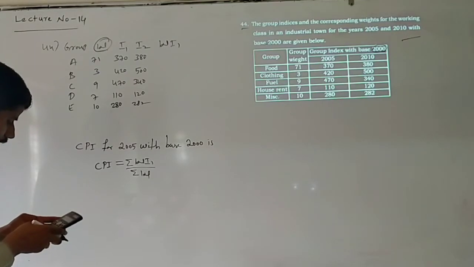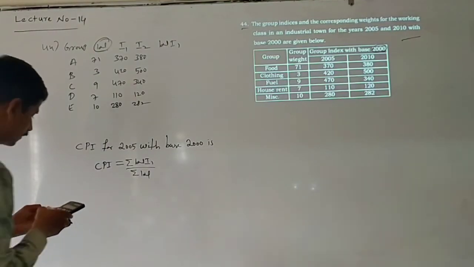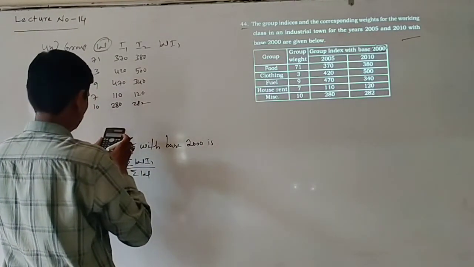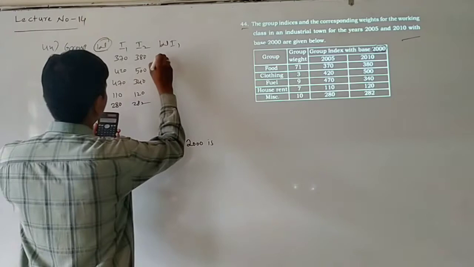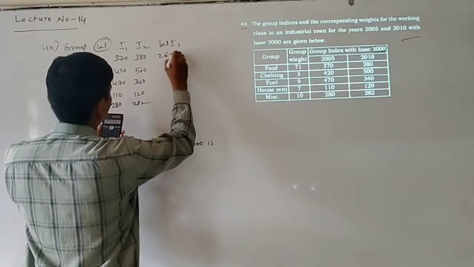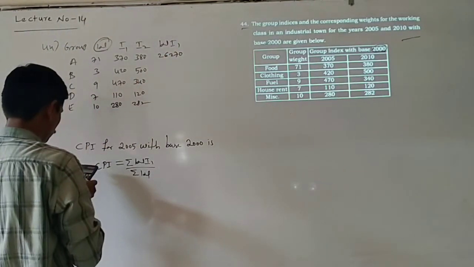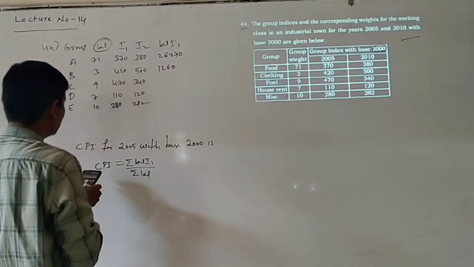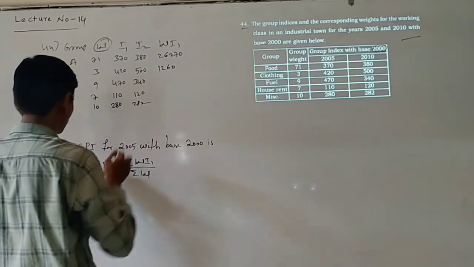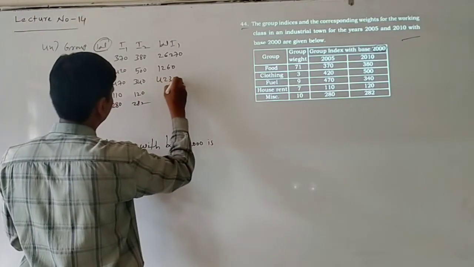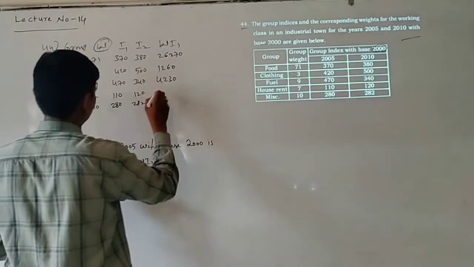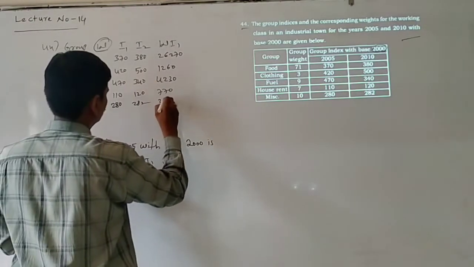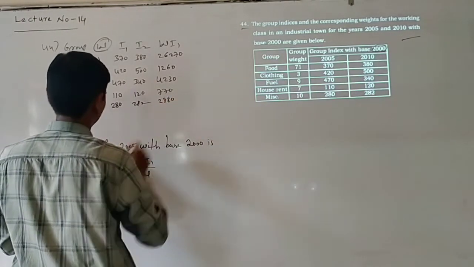71 into 370 is 26270. The next, 3 into 420 is 1260. The next, 9 into 470 is 4230. 110 into 7 is 770. 280 into 10 is 2800.